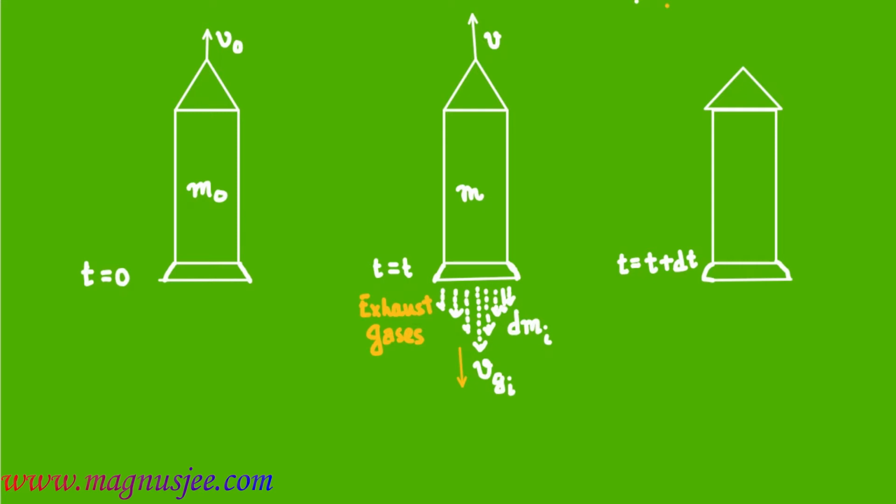And at instant t equal to t plus dt, where dt is a small interval of time, a large amount of exhaust gases are ejected from the rocket in a vertically downward direction. These exhaust gases are released with a velocity vg, and dm will be the mass of the exhaust gases.